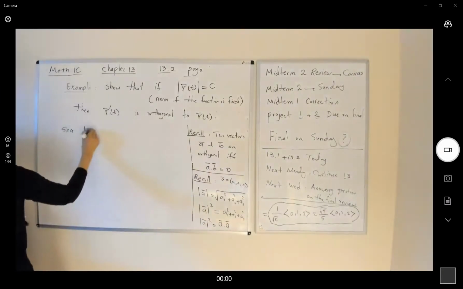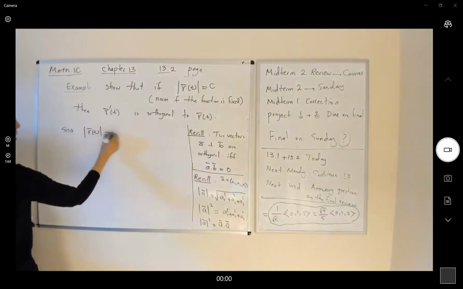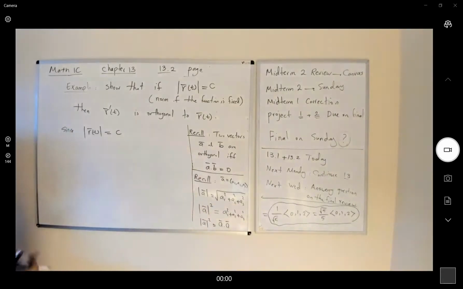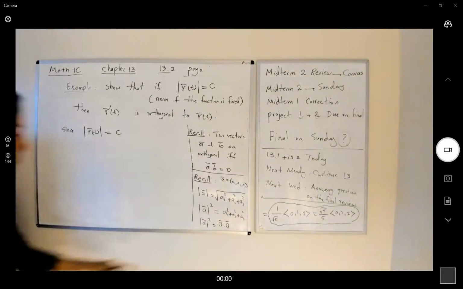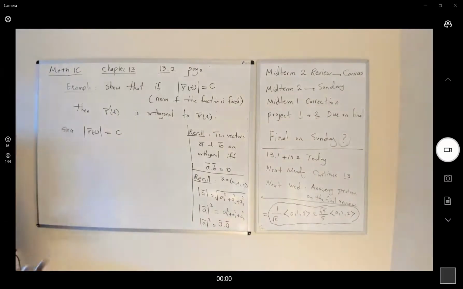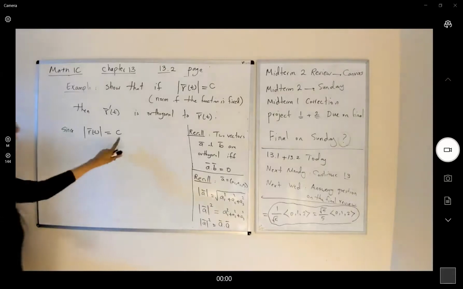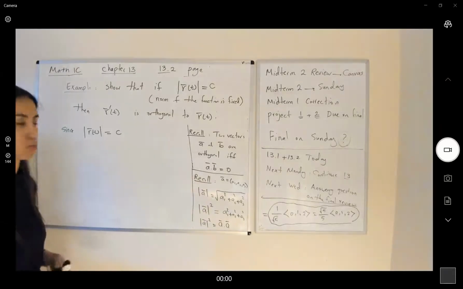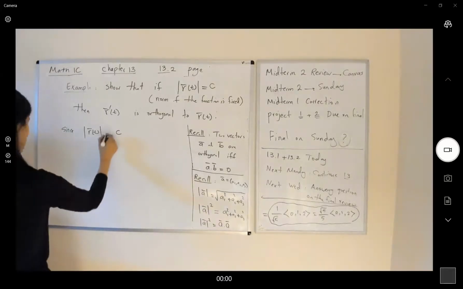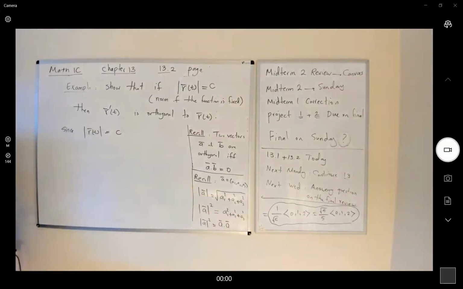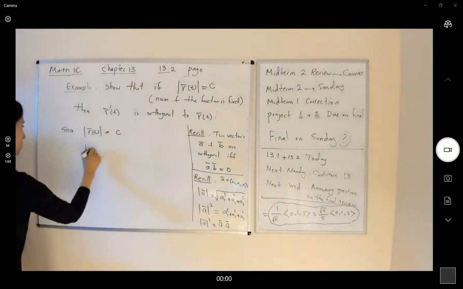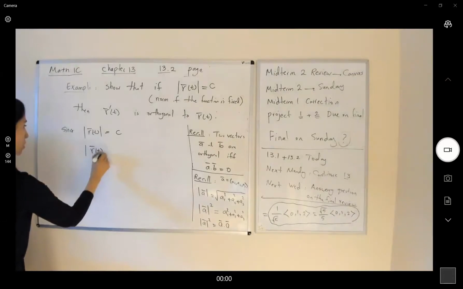Since the magnitude of R is fixed, it means that the magnitude squared, which is A times A, is equal to C squared, the magnitude of R squared.